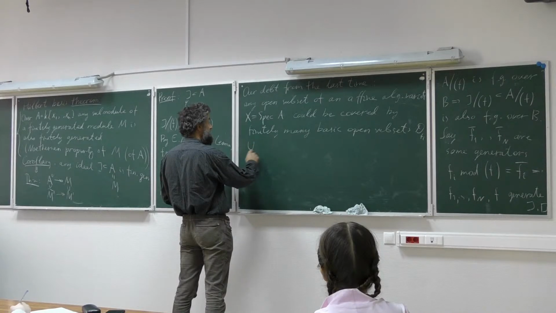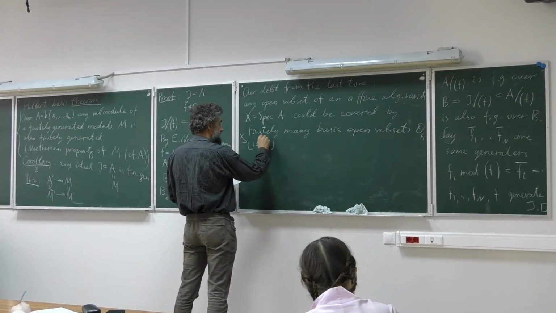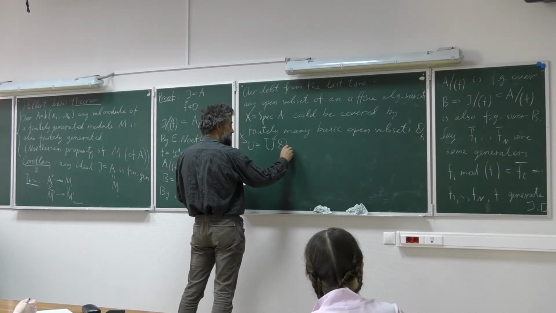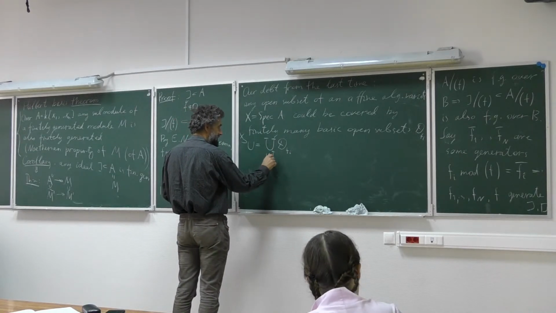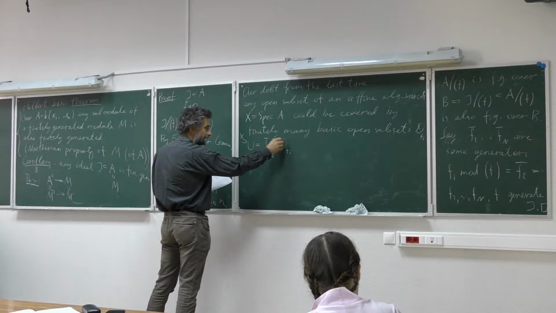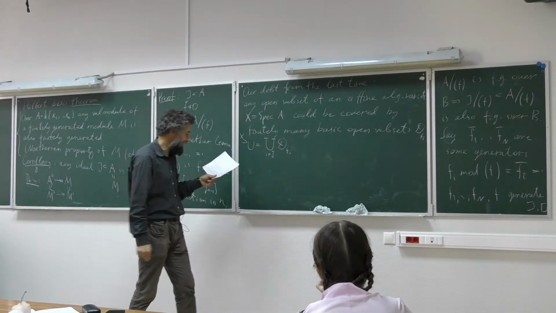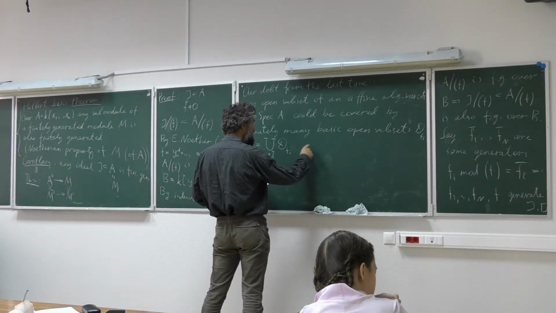So we know that this open subset U in X is the union of the basic open sets D(f_i), but this is a priori an infinite union, and we want to find finitely many. So let's consider the complement.